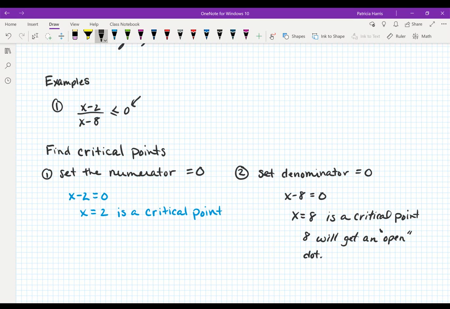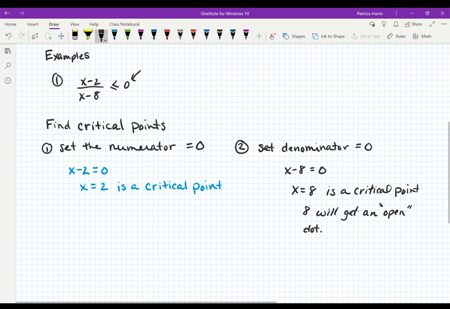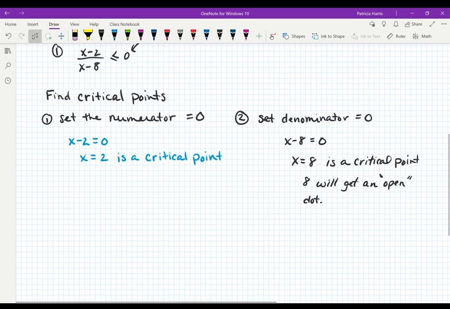Okay, so now since we have all of our critical points, we're going to graph those on a number line. And then we're going to use test values.